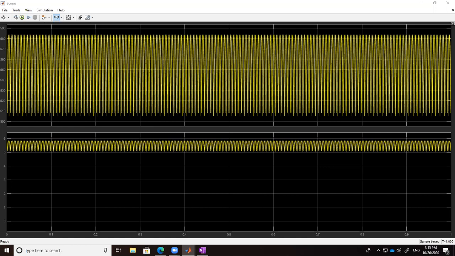The first question, from Lemmy, is about the output current. And the second question, from Ahmed, is about the source current, which is not sinusoidal, right? So I will come to the two points one by one.